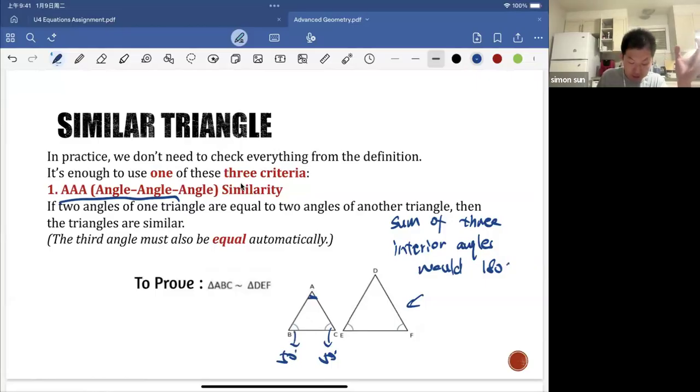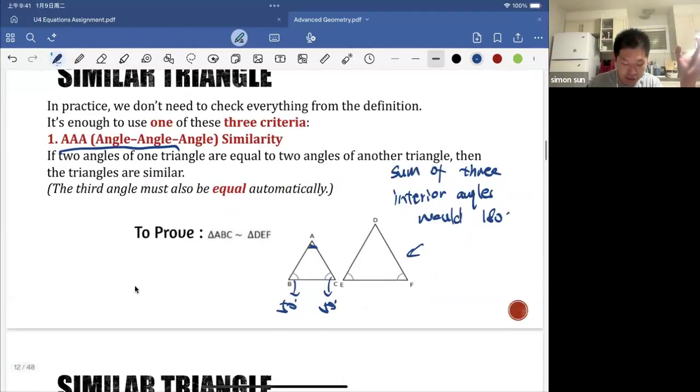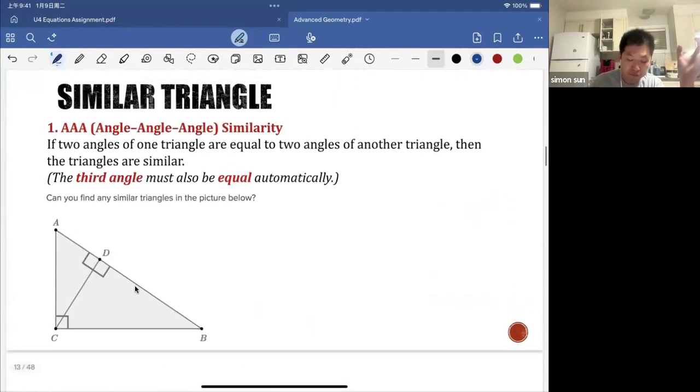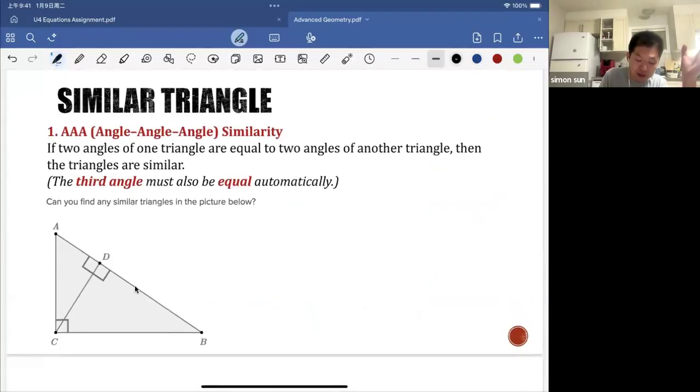If two corresponding angles are the same, then the two triangles are similar, because the third angles must be equal automatically. So we only need two angles to be the same.